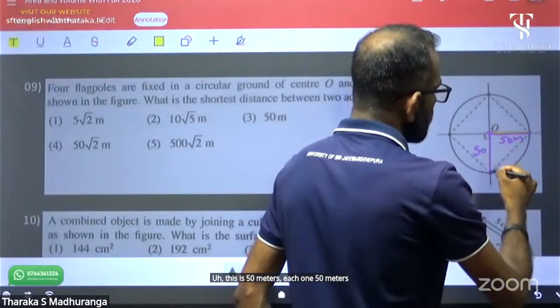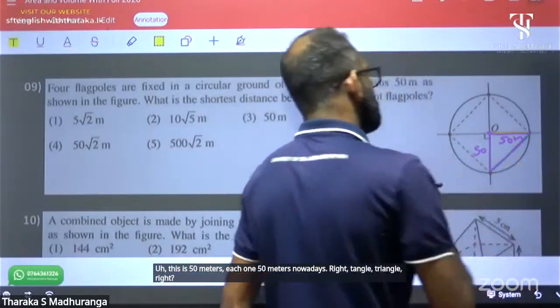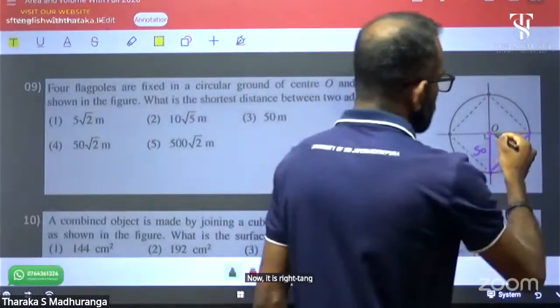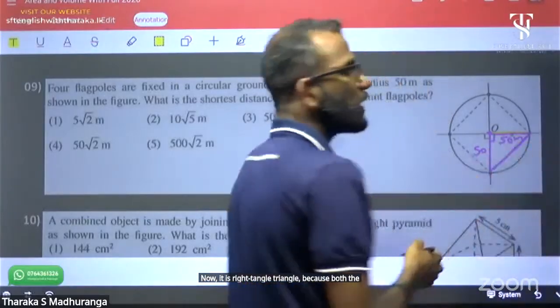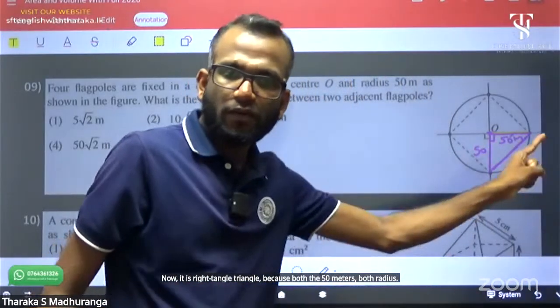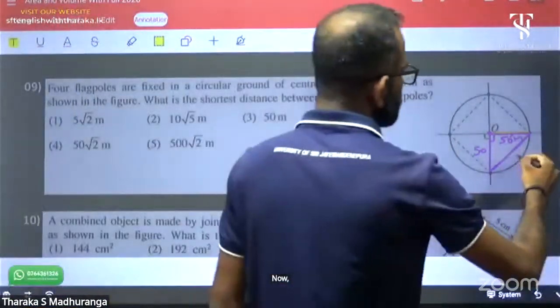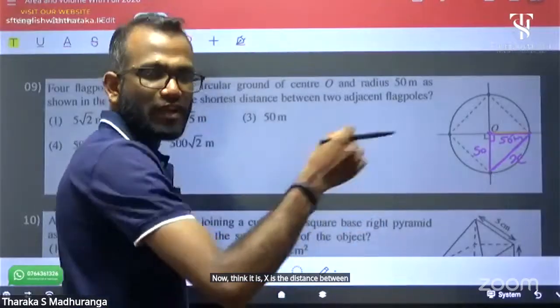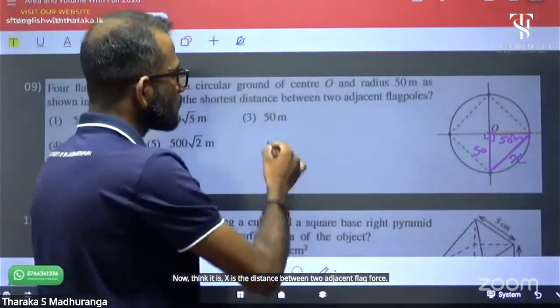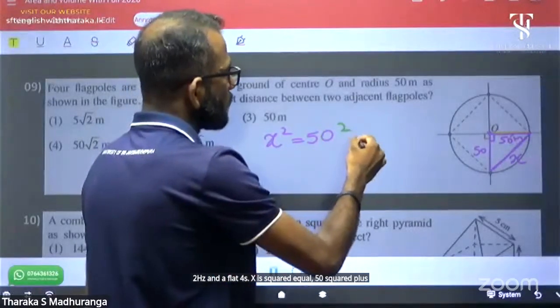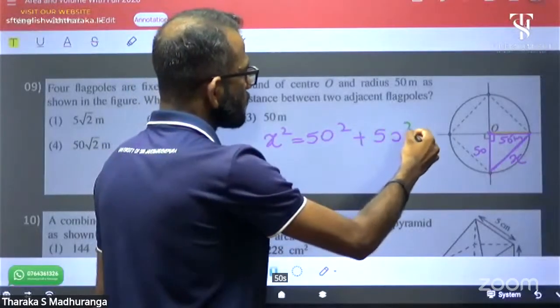Now it is a right angle triangle, very simple, because both sides are radii of 50 meters. Think x is the distance between two adjacent flagpoles. X squared equals 50 squared plus 50 squared, by the Pythagoras theorem.